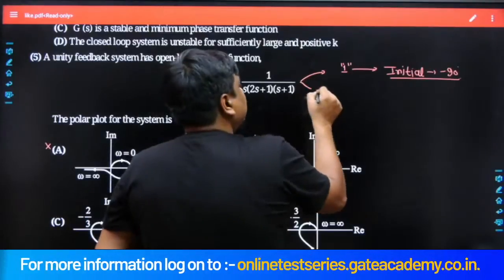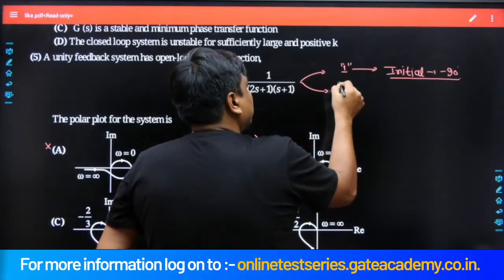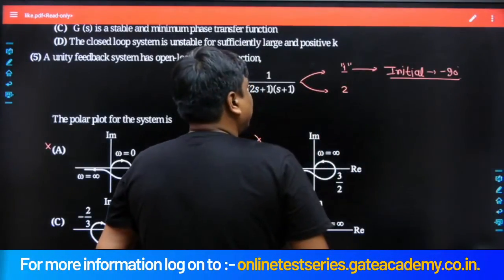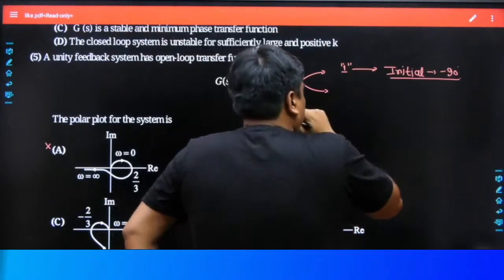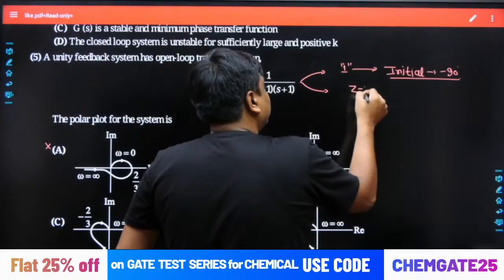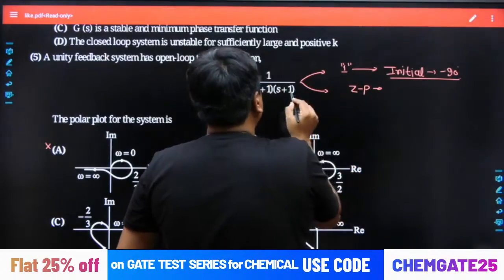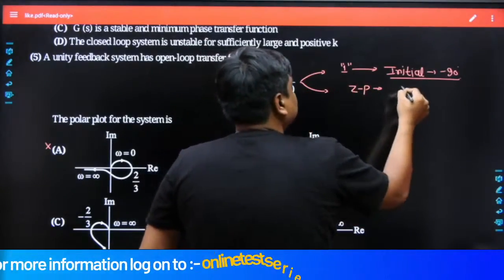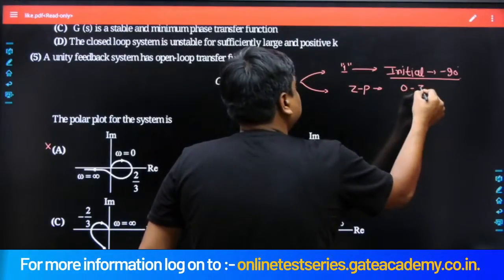Again, it is an MPS system. The second important conclusion we can derive out of it is the difference between the number of zeros minus the number of poles. How much are they? The number of zeros is 0 and the number of poles is 3.